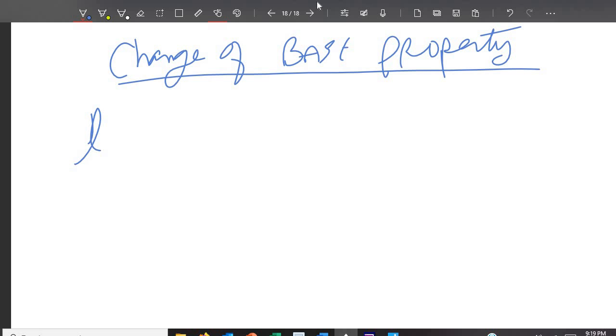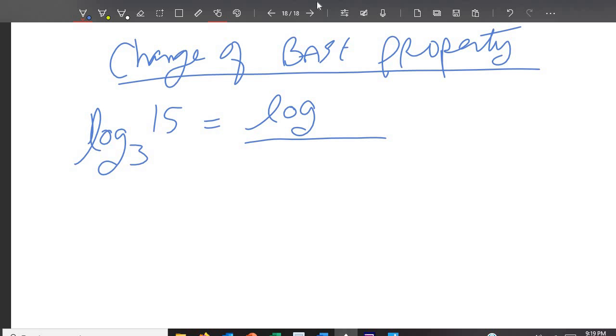Suppose I have log base 3 of 15. There is a rule that says I can take this logarithm and convert it into 2 different logs divided by each other.